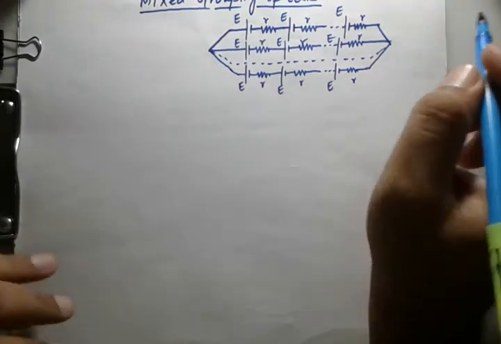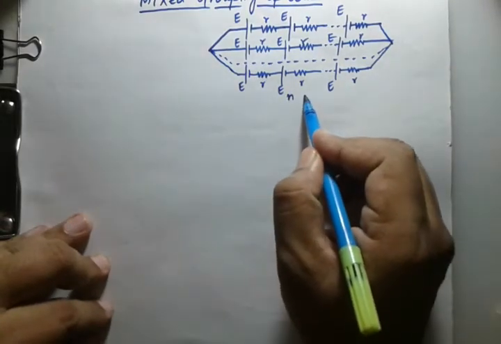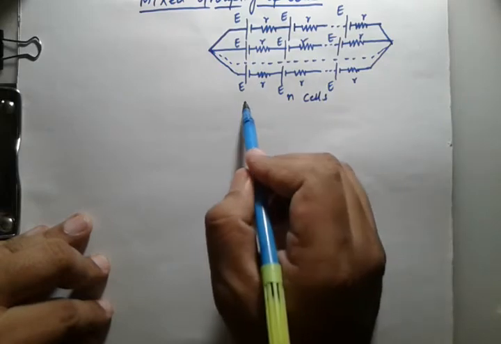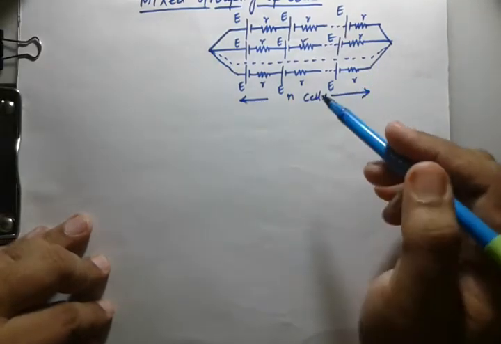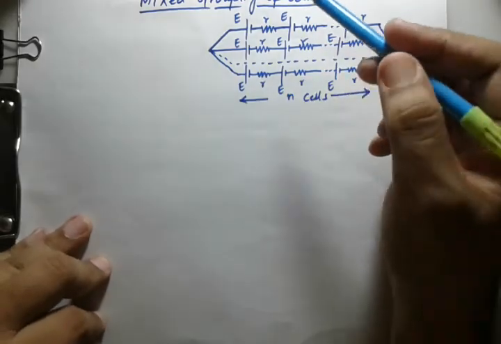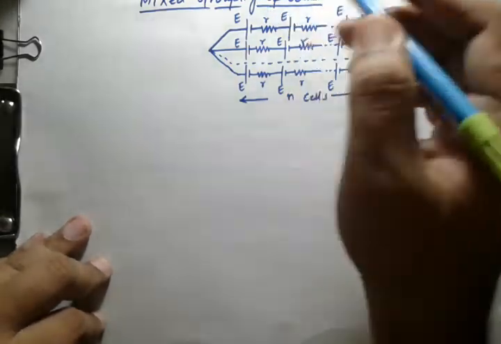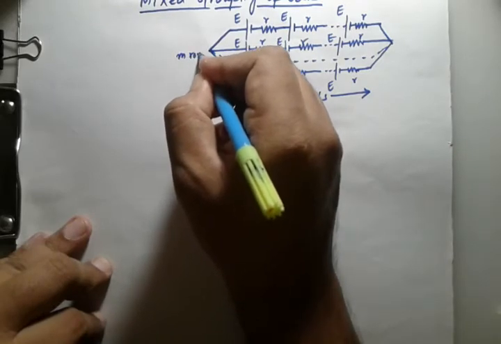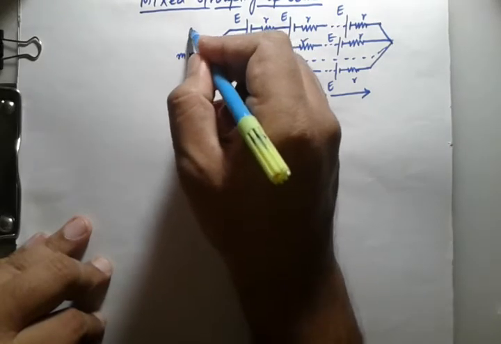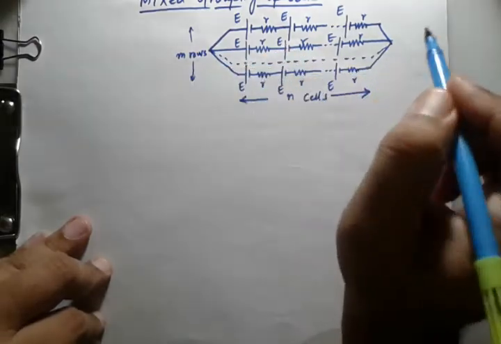Okay, so now n cells are there, n number of cells, and on this side the total number is m. So m rows and n cells are there.